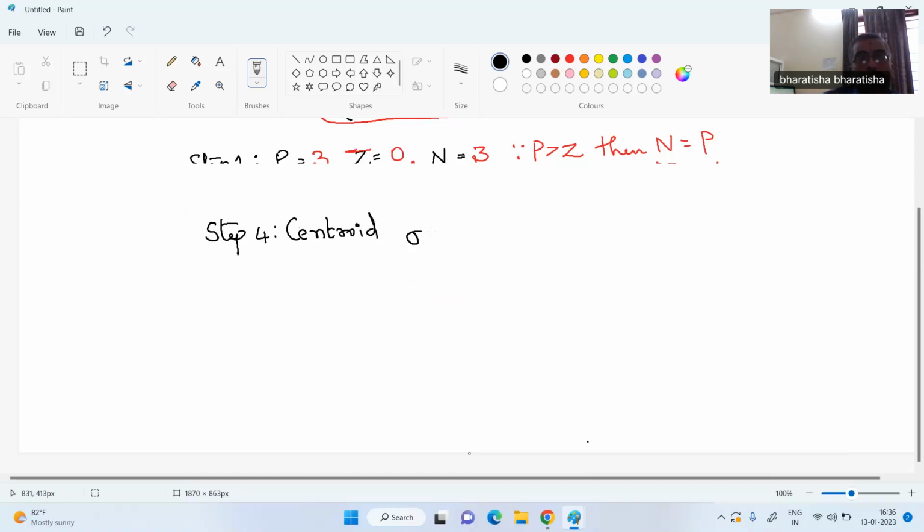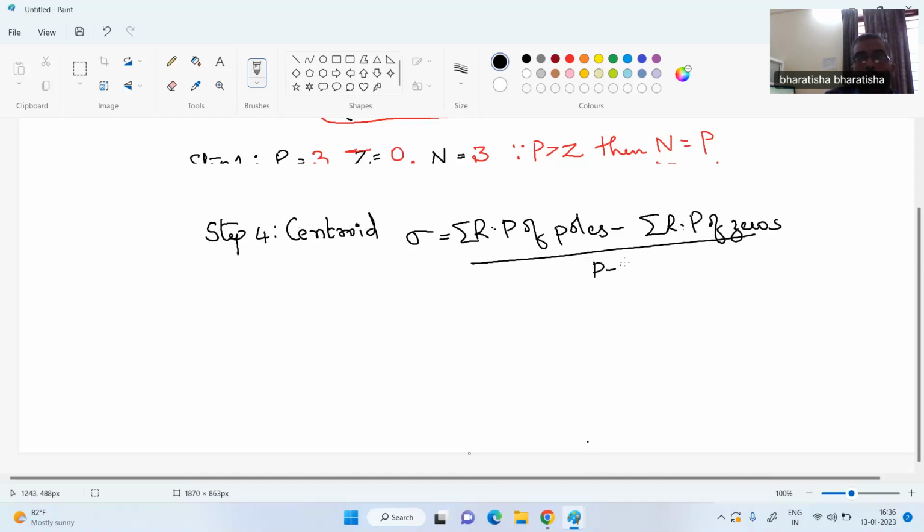How do you find out the centroid? Centroid is given by sigma is equal to summation of real part of poles minus summation of real part of zeros divided by p minus z. So this is the formula that you are going to use.